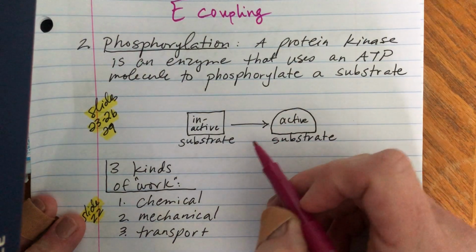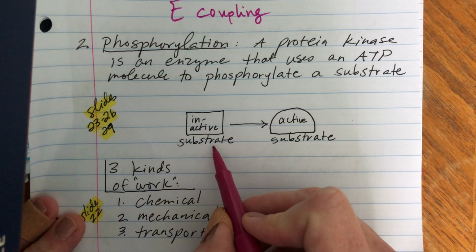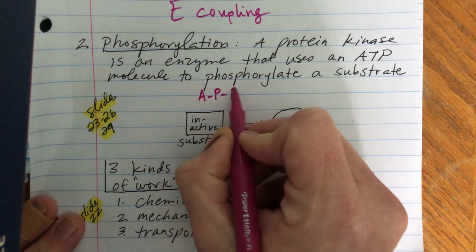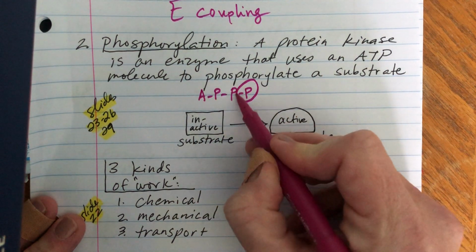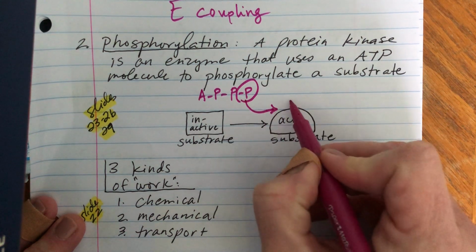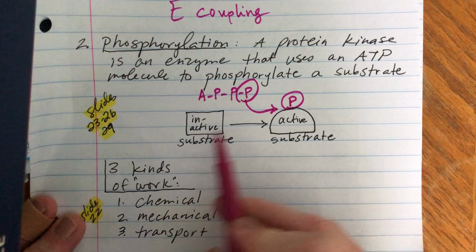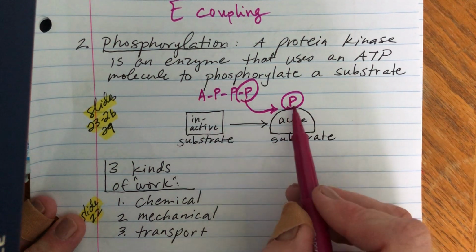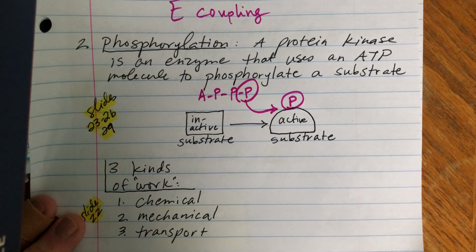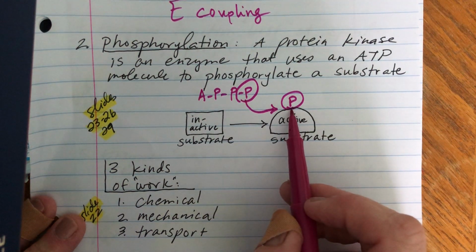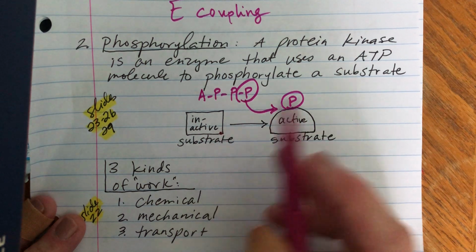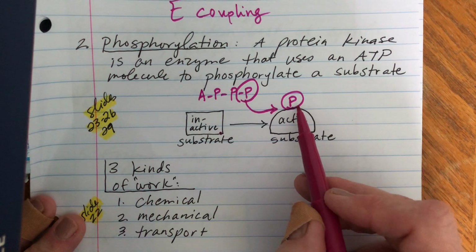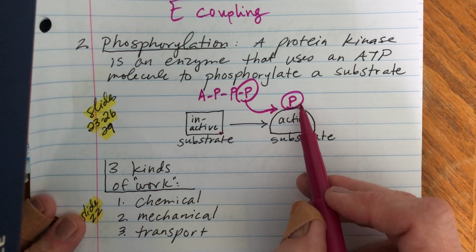So phosphorylation occurs when an inactive substrate becomes active because an ATP molecule transfers a phosphate group to the inactive substrate, making it active. And you can see that often comes with what we call a conformational change, which is just a shape change. So the inactive substrate is now active, changed its shape because a phosphate group from ATP was added.